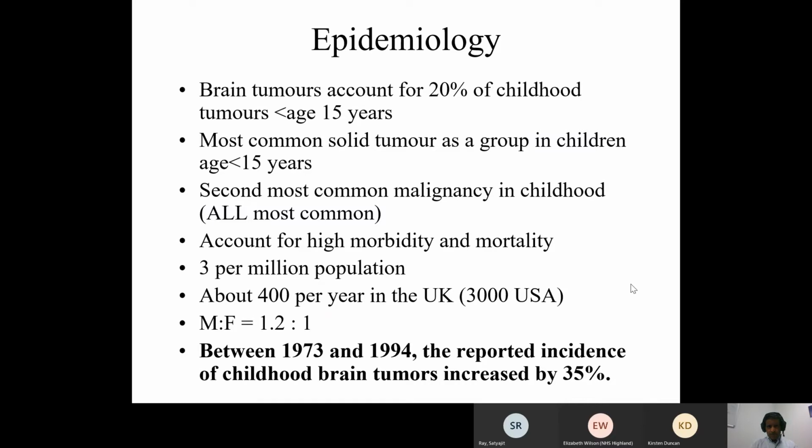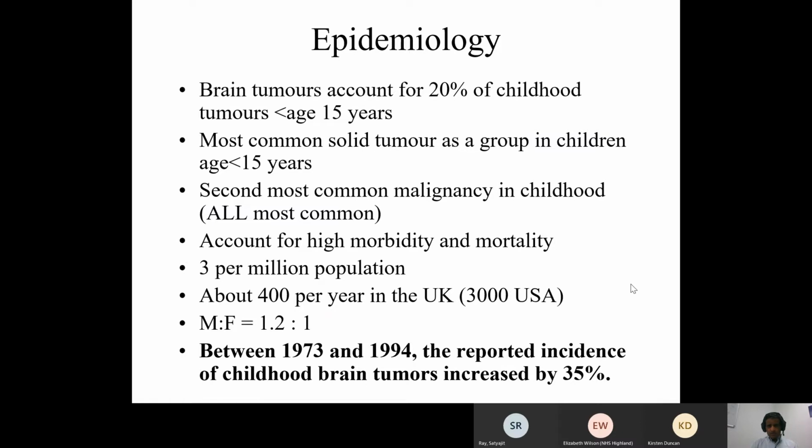Acute lymphoblastic leukemia is the most common, and almost equal or slightly less common is the brain tumor as a group. The problem with brain tumors is, even though it's the second most common, it accounts for high morbidity and mortality, especially because of the late diagnosis by which neurological damage has already happened, and the treatment associated with brain tumors does come with a lot of cost.